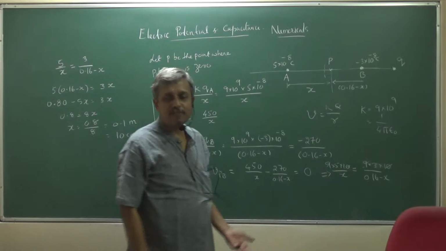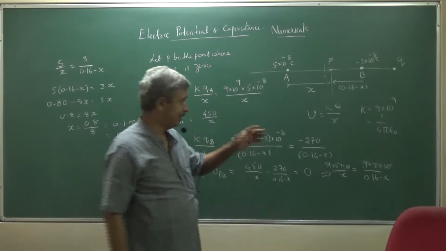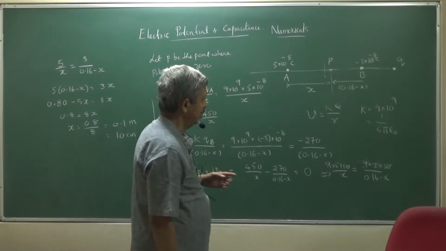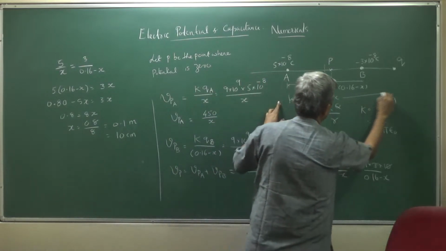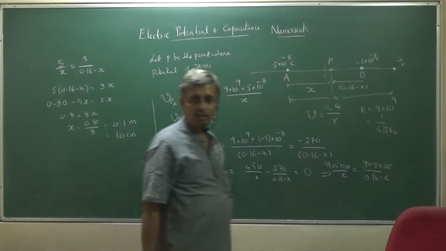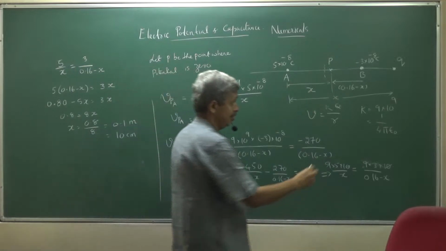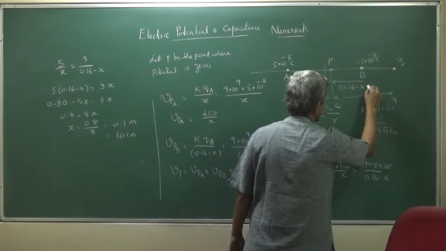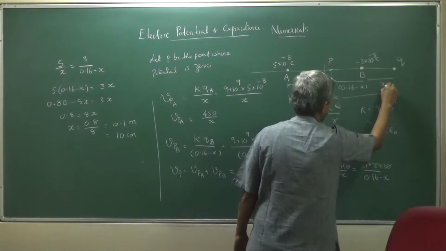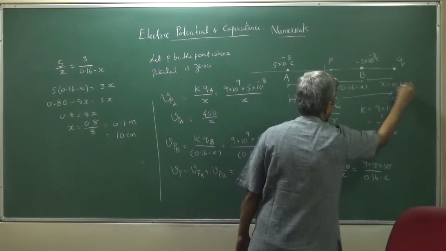So one of them is x. Okay, let's take it, for example, from here itself we call it x. Let's call this one x. Okay. So the other one, from here to here, will be x minus 0.16.